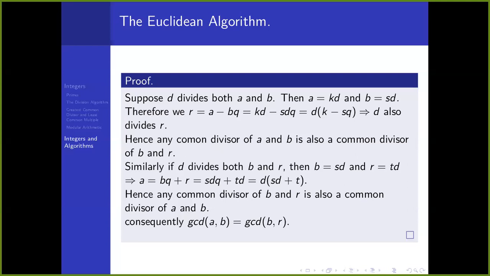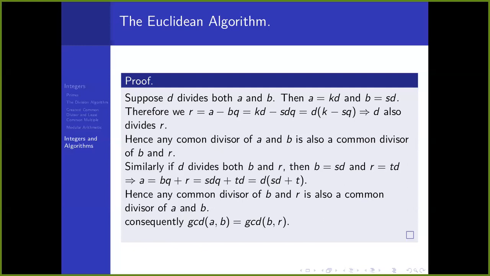The initial statement was A is equal to BQ plus R. We can rearrange it so that we have R is equal to A minus BQ. And we know what A is. A is KD. We can make that substitution. We know what B is. B is SD. We make that substitution. And this will be equal to D multiplied by K minus SQ in brackets.